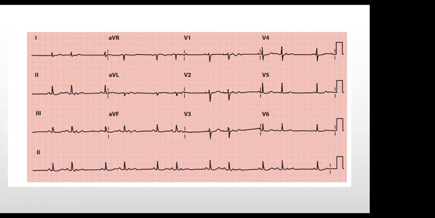The third, there's a drop. So it looks like Mobitz 2 with a 2 to 1 block. But you said the PR interval is constant. Yes, sir. It is constant. Compare this to this, and this to this.